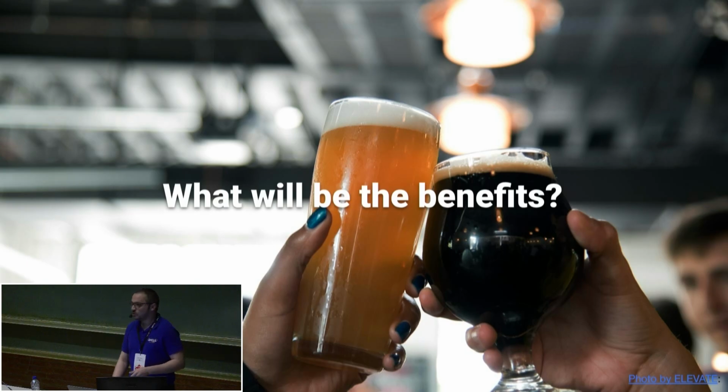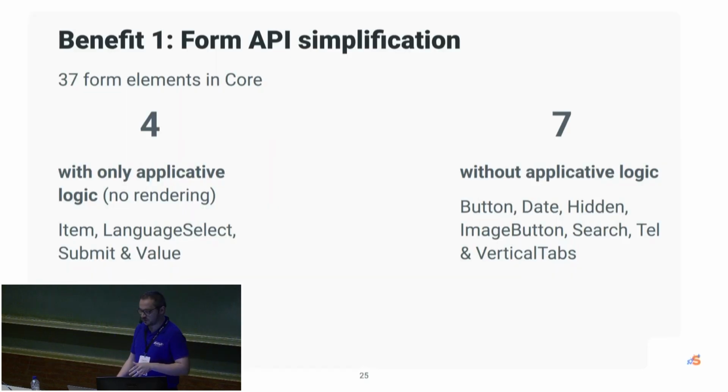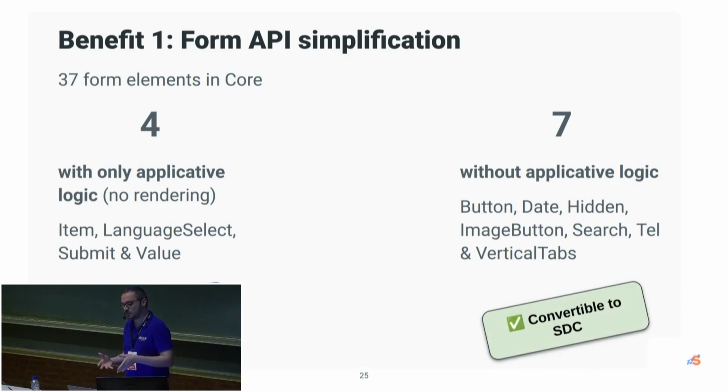What will be the benefits of all those changes? First, in core currently there are 37 form elements. Four are only applicative: item, language select, submit, and value. So they are not suitable for SDC because there is no gain to transform them into SDC. There is no need of that. On the opposite side of the spectrum, there are 7 form elements without applicative logic, which are pure presentation, or have processing only for presentation, and those we purely benefit from and are easily convertible to SDC.